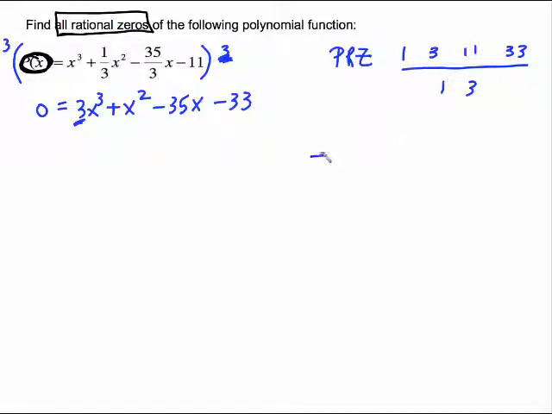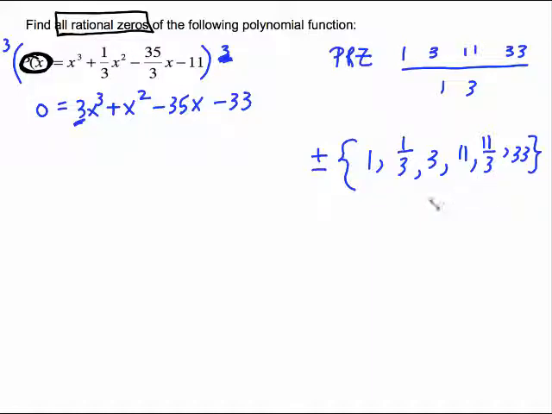And now it is plus or minus, pairing these up, 1 over 1, 1 over 3. Then do 3, 3 over 1. 3 over 3, which is 1, which I already have. Then do 11 over 1, which is 11. 11 over 3 is 11/3. 33 over 1, which is 33. 33 over 3, which is 11, which I already have. This is my list of possible candidates.